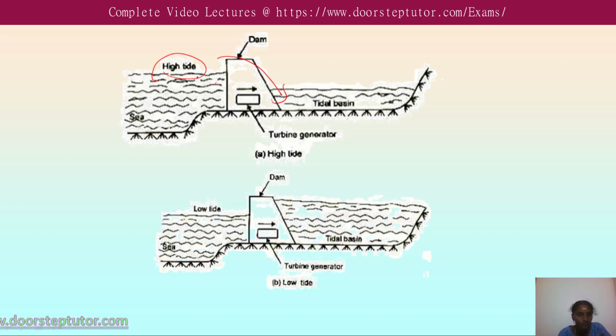From the high tide line the water flows to the tidal basin, so the blades of the turbine rotate and generate power. This one is the low tide line. Here the water flows from here to here and causes the turbine to rotate, thereby the mechanical energy of the turbine is converted into power generation and utilized further.